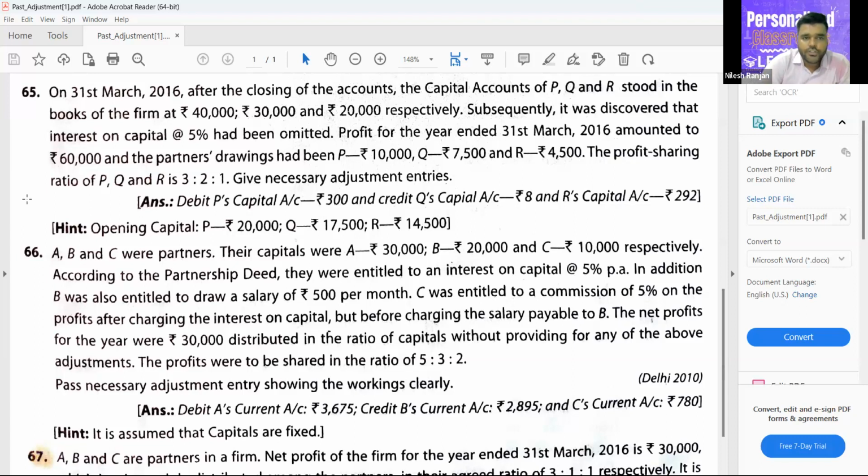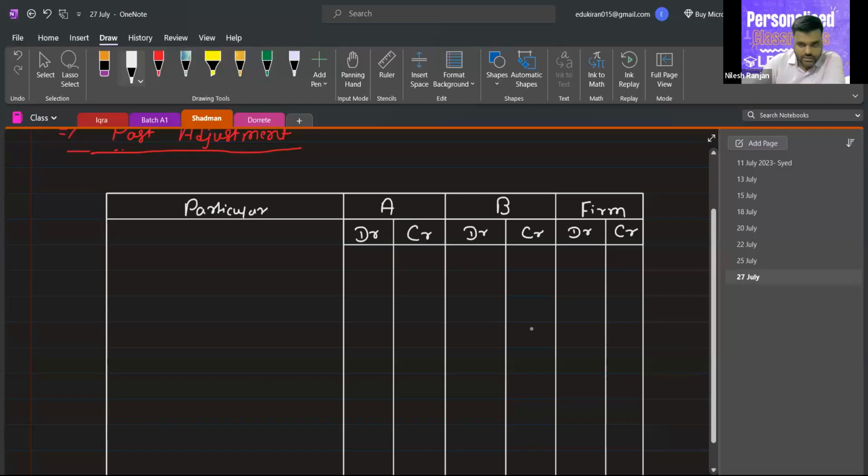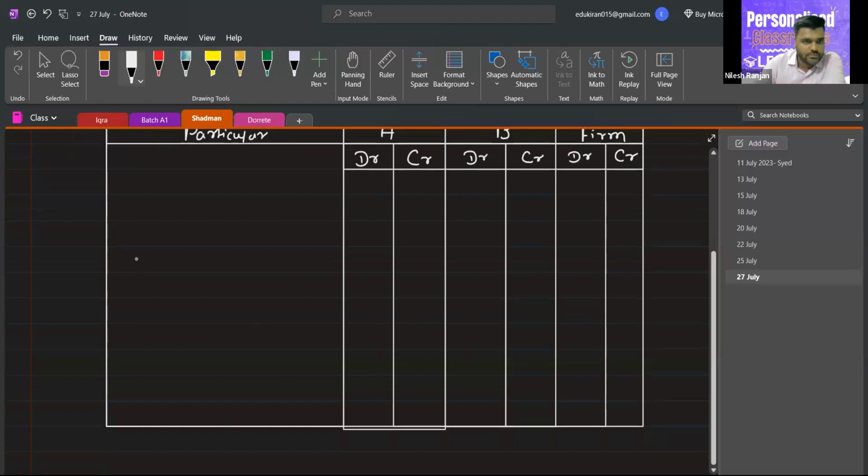It is also written, after the closing of the accounts, the capital accounts of P, Q and R stood in the books of the firm at 40,000, 30,000, and 20,000. Is this clear? Now, subsequently, it was discovered that interest on capital at the rate of 5% had been omitted. For the adjustment, I have to create a big column.